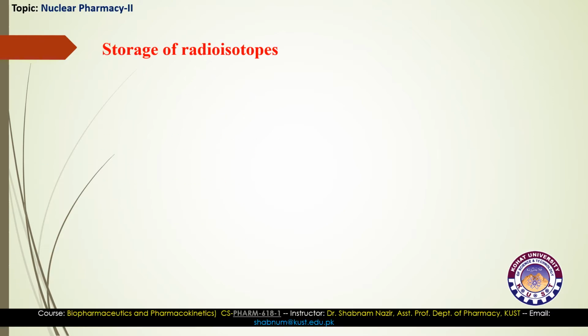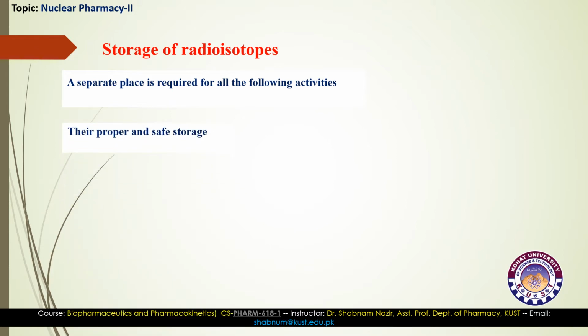As far as storage of radioisotopes or radiopharmaceuticals is concerned, it is a very important step, and it is required for all the following activities, like their proper and safe storage. As we already discussed, radiopharmaceuticals are not normal pharmaceuticals. They have radioactivity and continuously radiate.